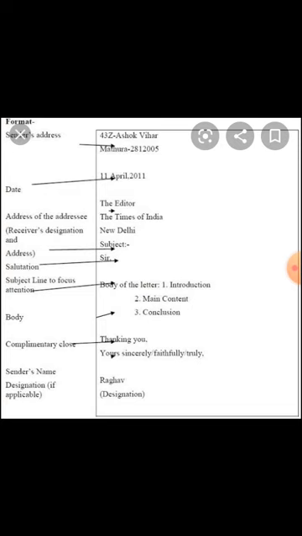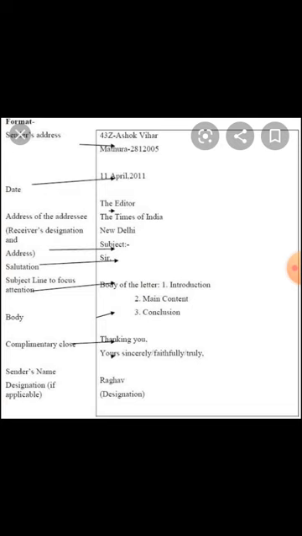Then comes the most important part of a letter, the body of the letter, that contains the main subject, the theme. It should begin with an introduction, why you are writing that particular letter. Then what are its main contents, then the conclusion or closing that we give.